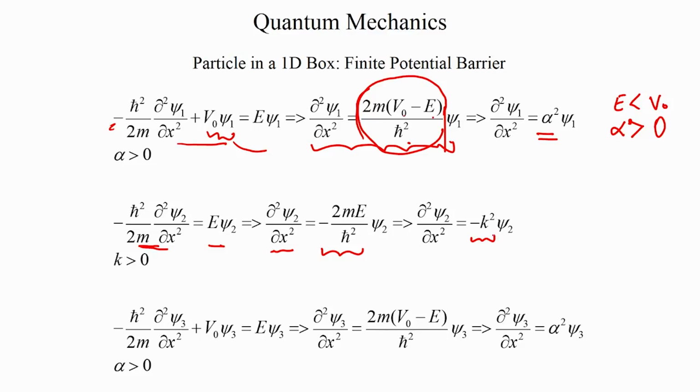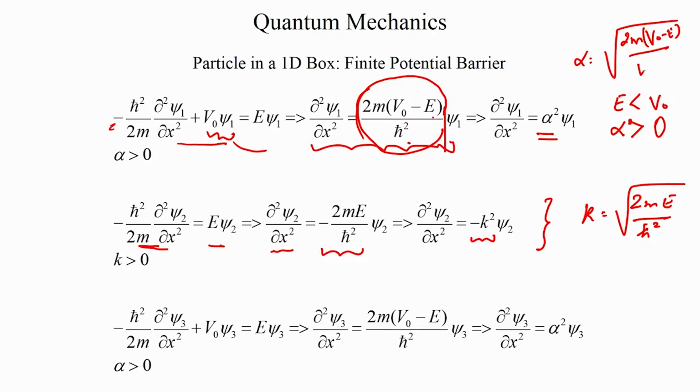This is similar to what we have done before; I am just trying to bring in consistency between the way we represent these equations. So, we have minus k square where k again is greater than 0. My k will be square root of 2m E by h bar square, and my alpha is square root of 2m V naught minus E by h bar square.